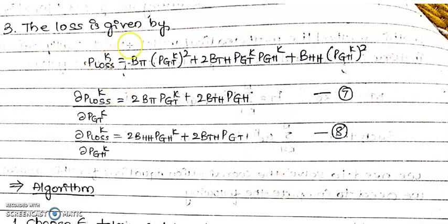The third point is that here we need the loss coefficient equation again. The loss coefficient equation is given as BTT of PGT K square plus 2 BTH of PGT into PGHK plus BHH of PGHK raised to 2.